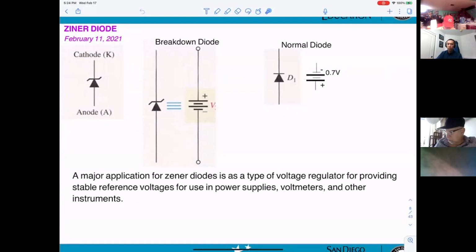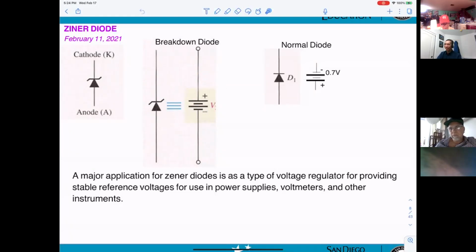The Zener diode looks like this: positive here and negative here. Normally, a major application for the Zener diode is as a voltage regulator, providing a stable reference voltage for use in a power supply, a voltmeter, and other instruments.